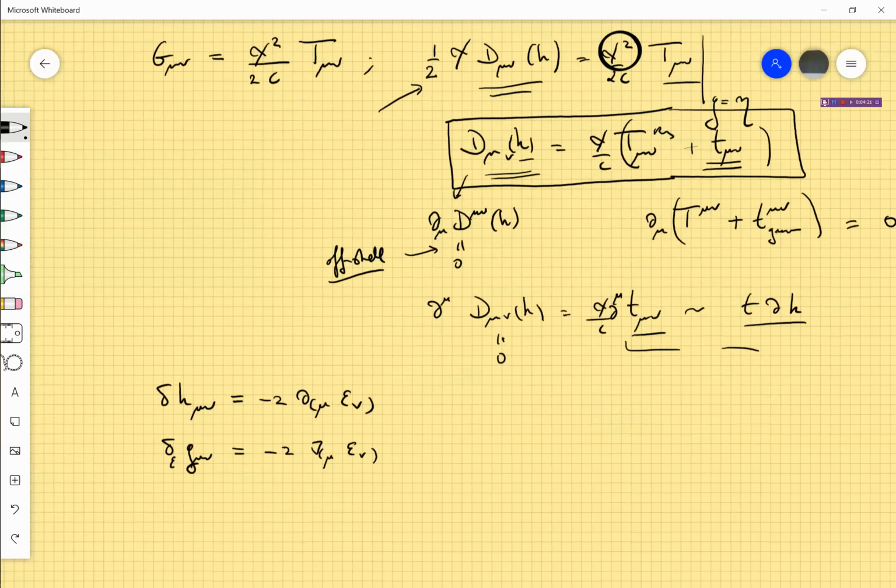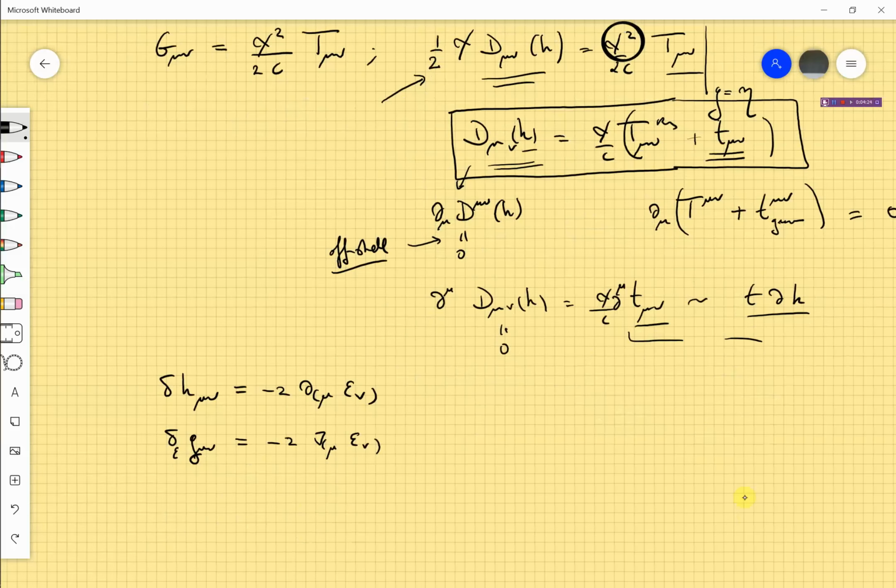This is a transformation of the full thing, so of h mu nu. So this is a transformation of eta mu nu plus chi h mu nu. If you look for the term of first order in chi here, you will find that it is exactly this one.